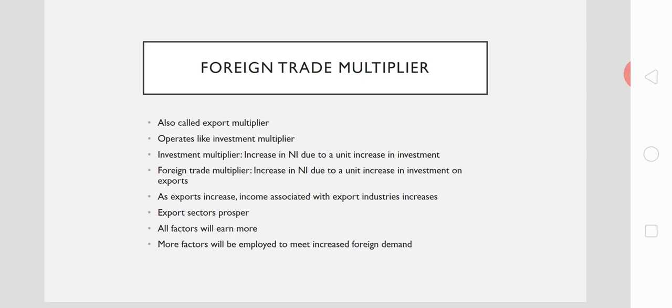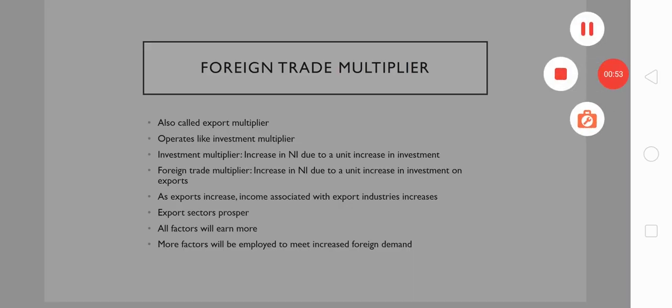It operates just like the investment multiplier. As the investment multiplier measures the increase in national income due to a unit increase in investment, similarly, the foreign trade multiplier measures the increase in national income due to a unit increase in investment on exports.